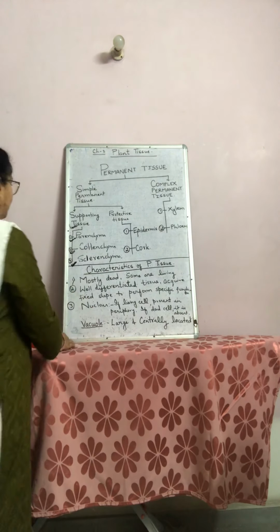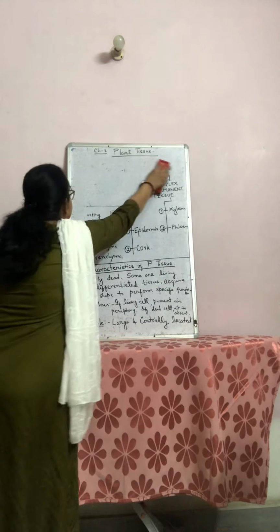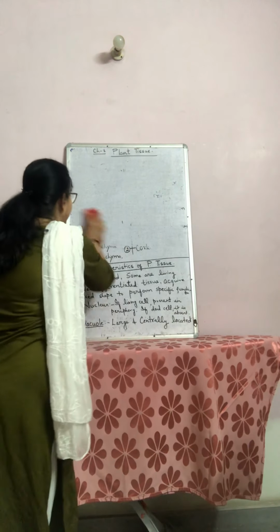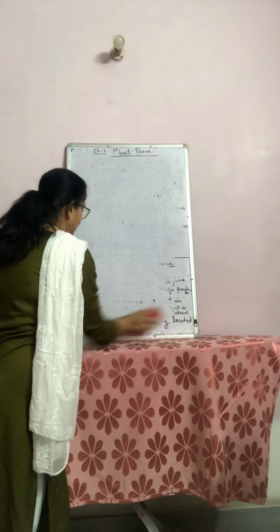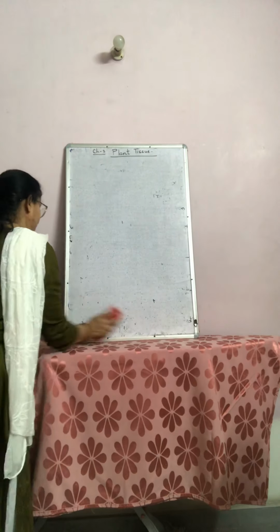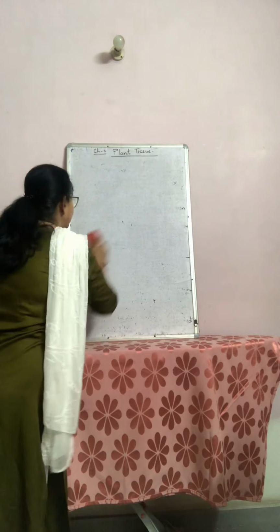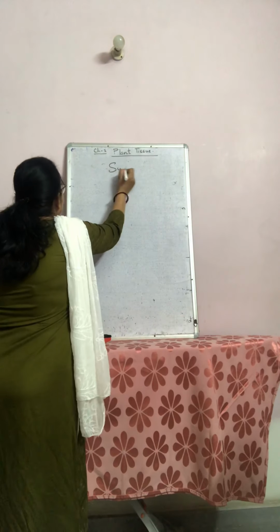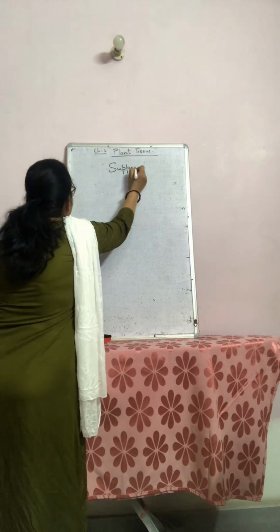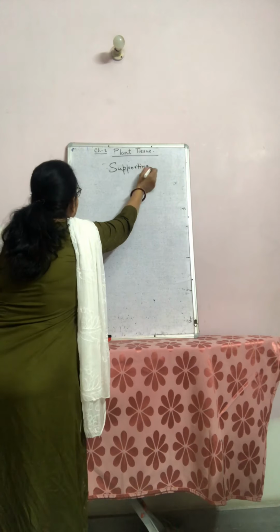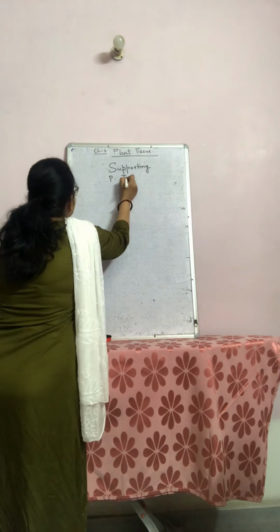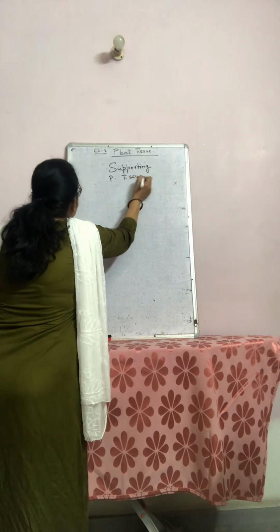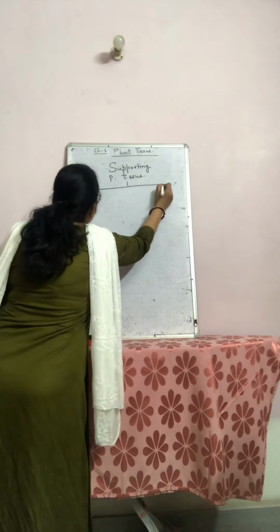Now, look here. Supporting permanent tissue can broadly be divided in three headings.